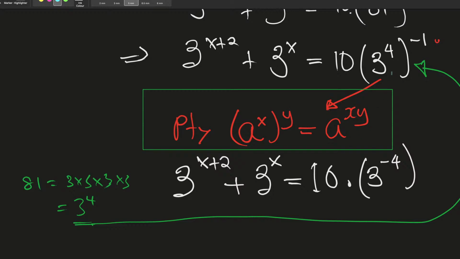In the same way, 3 raised to the power 4 times negative 1 gives us 3 raised to the power negative 4 here. Friends, it's becoming so interesting.